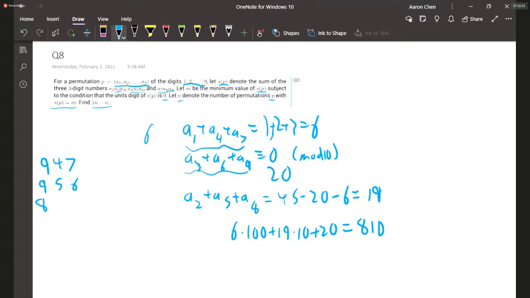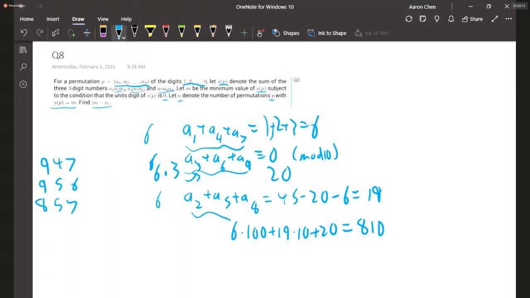And if the largest number is 8, then the others add up to 12. The only way to do this without using 1, 2, or 3, and without repeating an 8 or a 6, is 8, 5, and 7. So now there are 3 ways we can pick the digits, and 6 ways to arrange those digits into A3, A6, and A9.